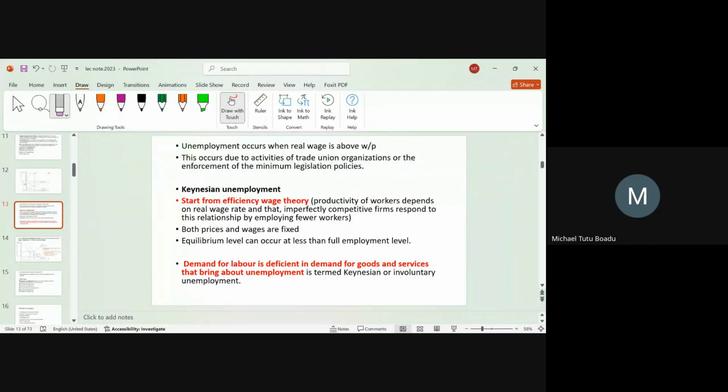Because once they increase the minimum wage, it means every organization or every employer is expected to comply. You have to comply. If you are paying them 20 Ghana cedis per day, and minimum wage says that it is now 25 Ghana cedis, it means the least you can pay this person is 25.